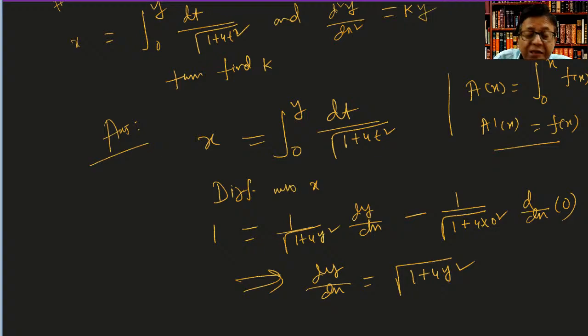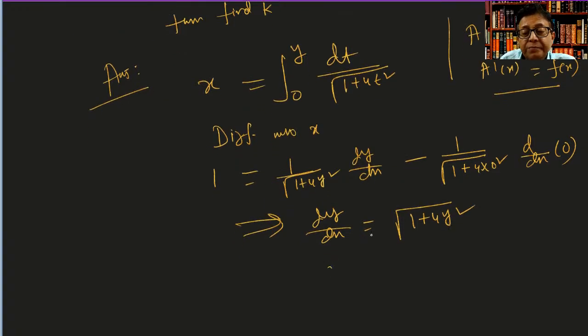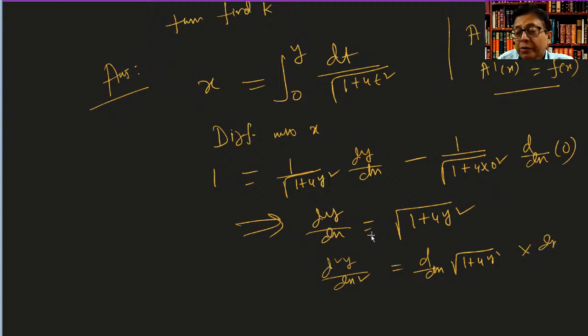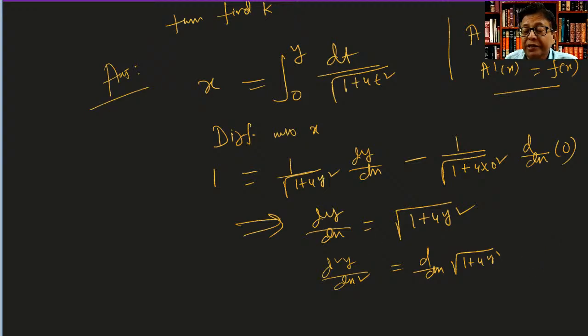Now find d square y by dx square. It will be d by dx of this, into dx by dy. It is d by dx of this, so we'll apply chain rule over there.